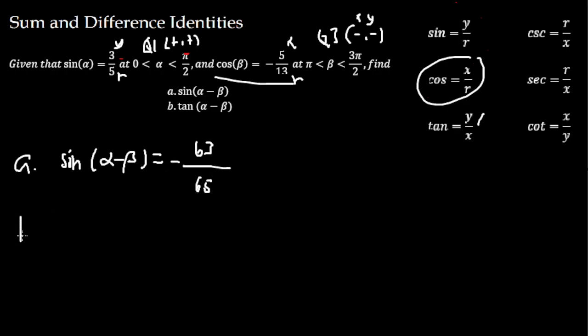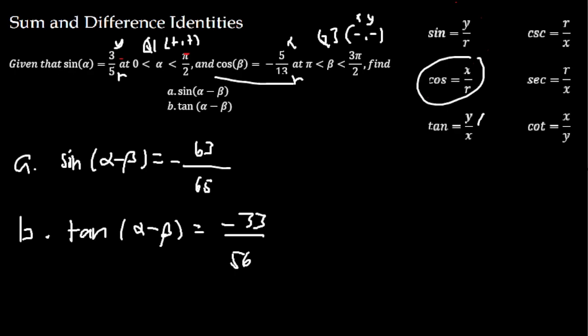Negative, I think so. And B, the tangent of alpha minus beta is equal to negative 33 over 56.